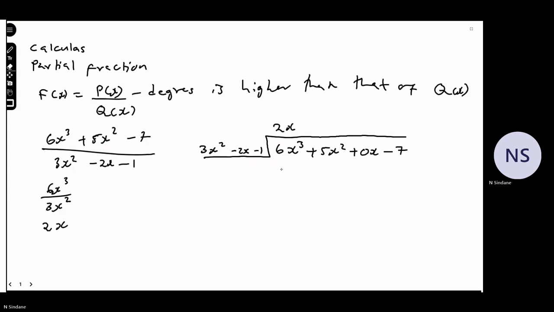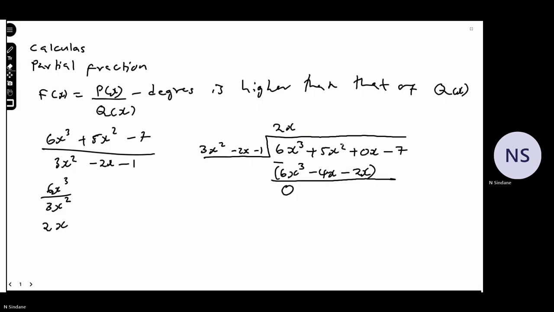This will give me 6x cubed. 2x multiplied by negative 2x, it's going to be negative 4x squared, because a negative and a positive give a negative. 2x multiplied by negative 1 is negative 2x. And then I'm going to put a bracket and subtract that. Then 6x cubed minus 6x cubed is 0.